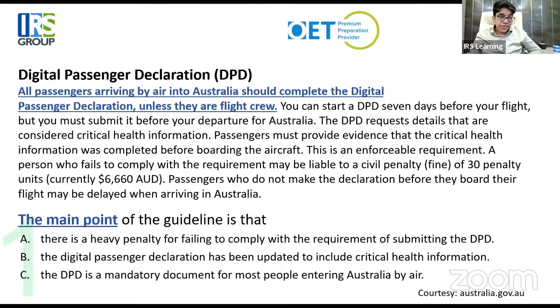Or is it that the digital passenger declaration has been updated to include critical health information? Or that the DPD is a mandatory document for most people entering by air? Yes, Priya, that's right. Absolutely right.